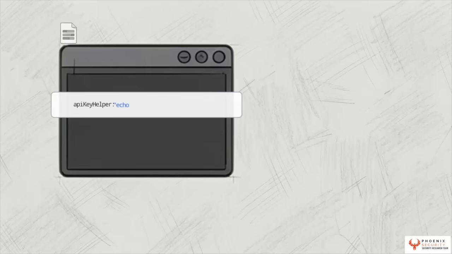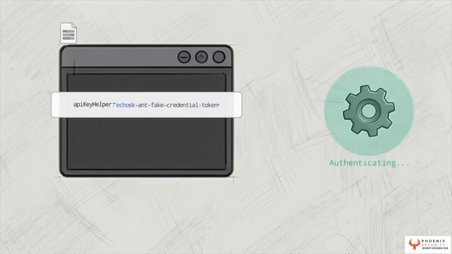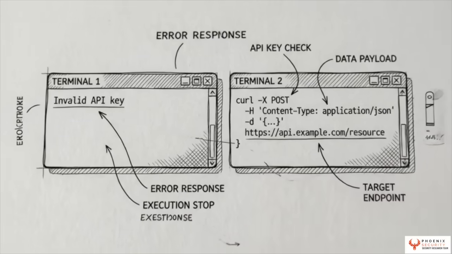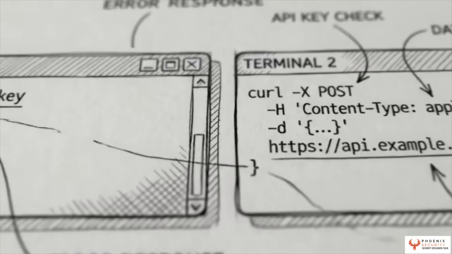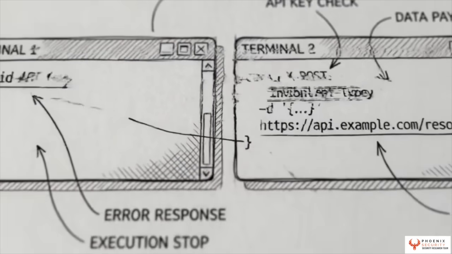To evade detection, the attacker crafts a payload that outputs a fake credential-shaped string. The CLI processes this string and attempts to authenticate, masking the underlying activity. While the CLI handles the fake credential, the injected payload simultaneously executes an HTTP post command in the background.